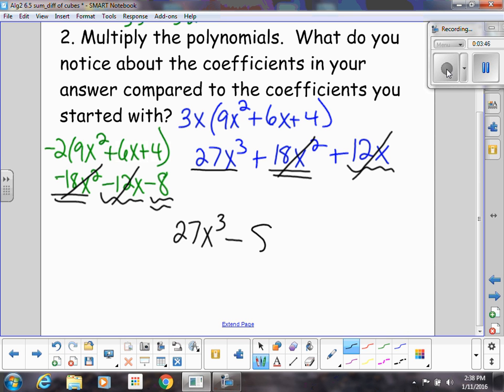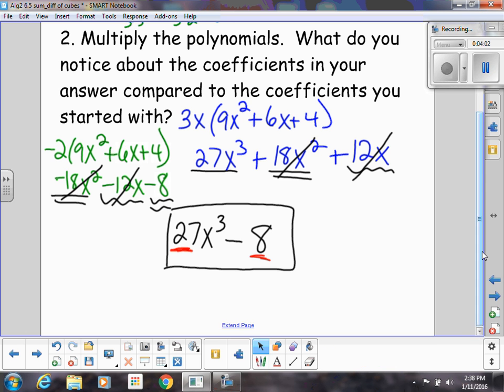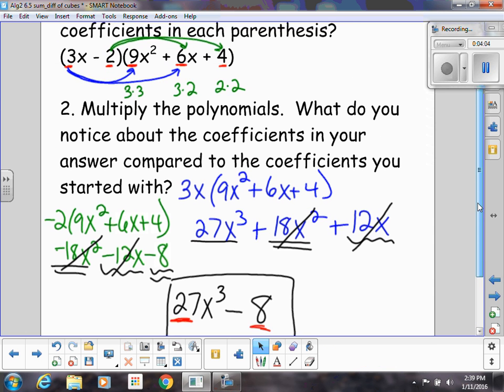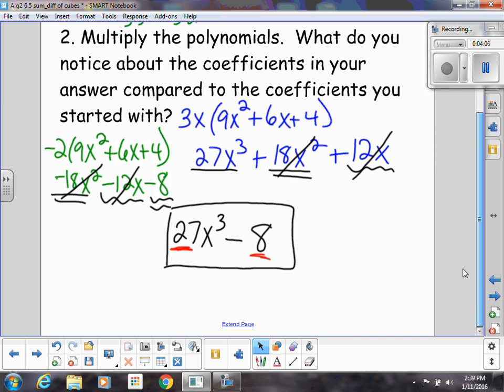So all of that, when I distribute all that out and I combine like terms, this is my final answer. So let's look at these coefficients compared to what we started with. So 27 and 8 compared to the 3x minus 2.